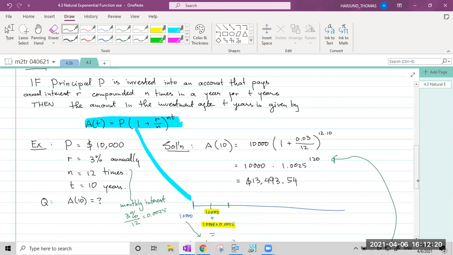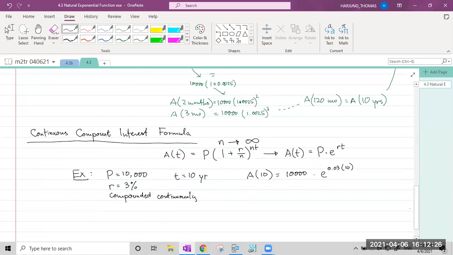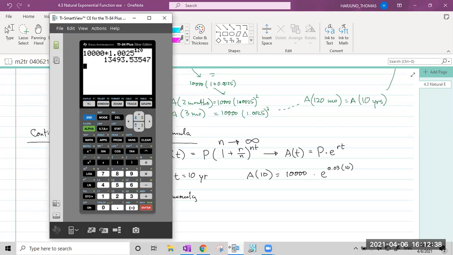Now, if the compounding is done continuously, basically they do the interest every second, right? Every half second, every split of a second, then the amount you have at the end of 10 years will be given by this expression here. And to compute that, that's 10,000 times e to the x.